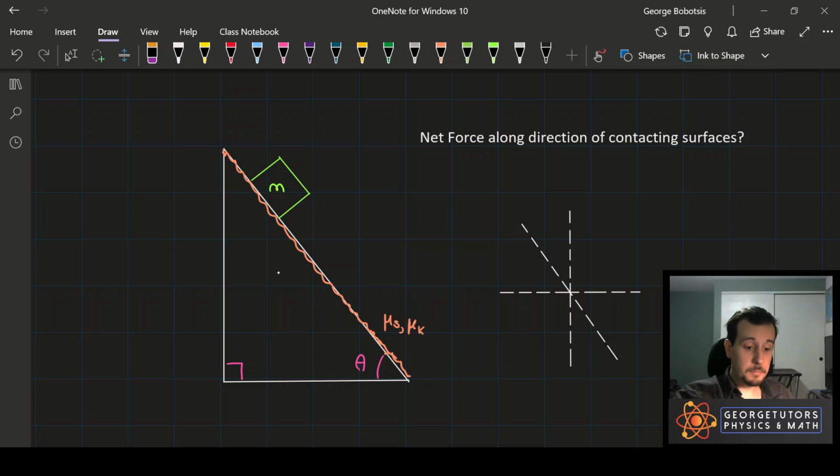You could have, for example, that this box just does not move at all. And the net force that is acting along the direction of the contacting surfaces is less than the static friction that could be provided by the surface, in which case, obviously, you stay still. Then you could have the case where that net force down the incline, along the incline direction, could match the maximum static friction that can be provided by this incline.